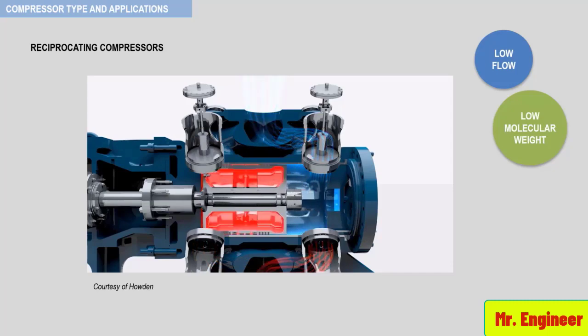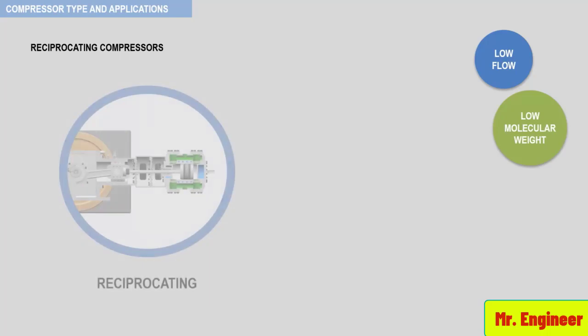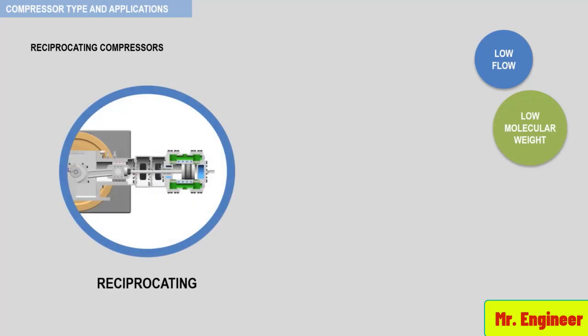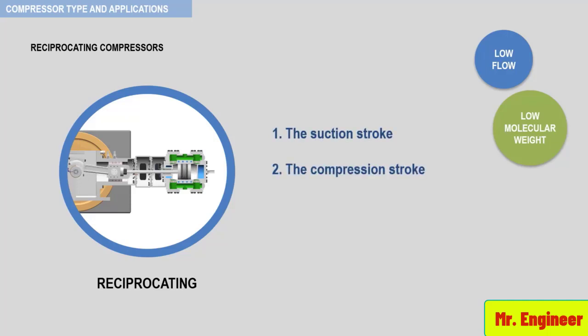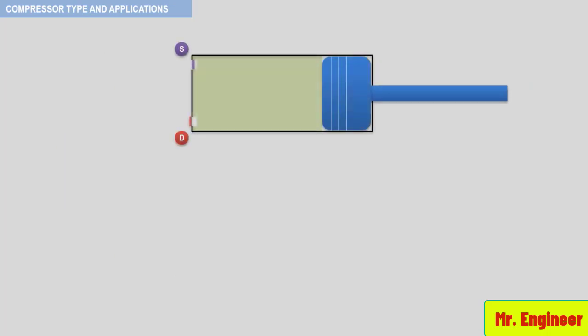Now, as discussed, the compression cycle of a reciprocating compressor consists of two strokes of the piston, the suction stroke and the compression stroke. For the following discussion, we will use an ideal indicator diagram followed by a series of cylinder illustrations depicting piston movement and valve position.